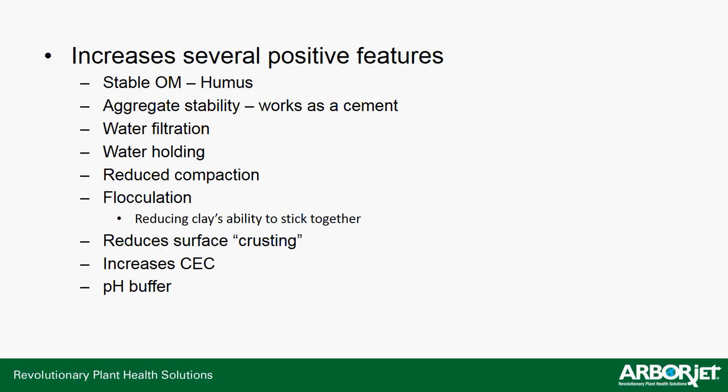It's going to create aggregate stability. So organic matter, like clay, is going to work kind of as a cement and help hold your aggregates together. It's also going to work with water filtration. Because of that, it's going to take out some of the bad things that are in your water and let the positive cations move through.